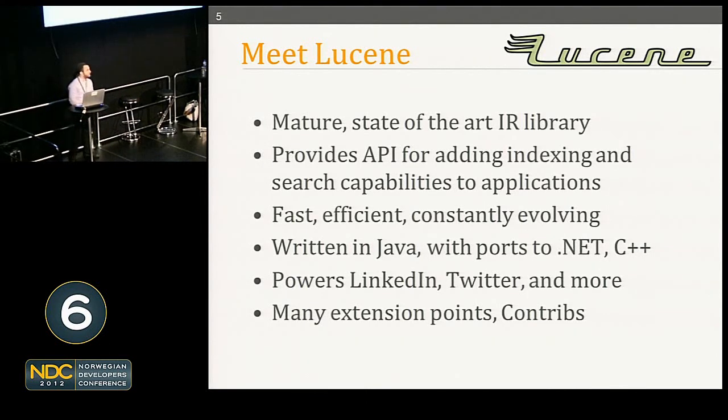The last released version is, I think, 3.6. And the .NET version is currently at version 3. That's a bit behind, but again, the Lucene.NET version is also trying to keep up. Lucene is behind Twitter, is behind LinkedIn, is behind very large players. It handles a lot of data, as you've seen, like an index of 73 gigabytes, and works very fast.